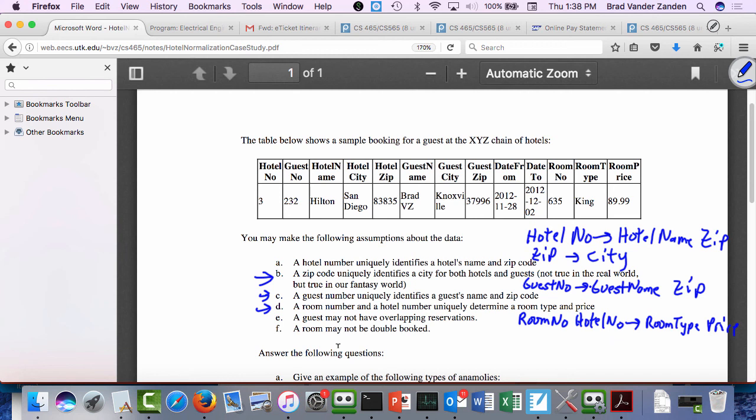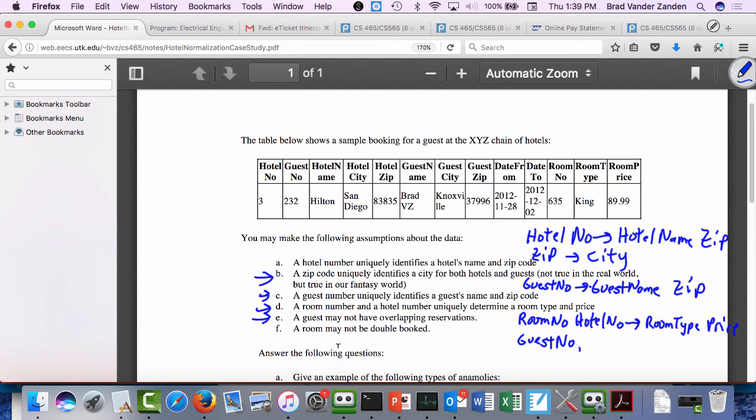Okay. Now E gives us a guest may not have overlapping reservations. So guest number is probably going to be what we're talking about. They can't have overlapping reservations. So a guest number, and what else do we think we are going to have for E? They can't have an overlapping reservation, but a guest number by itself can't determine the reservation. Pardon?